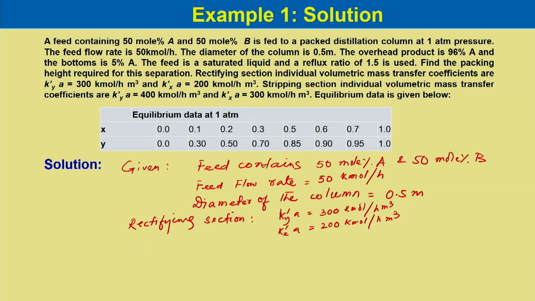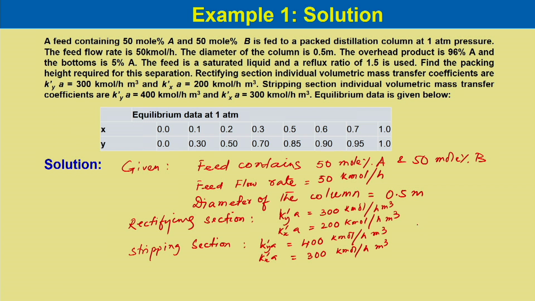Stripping section Ky'a is 400 kilomole per hour meter cube and Kx'a is 300 kilomole per hour meter cube.